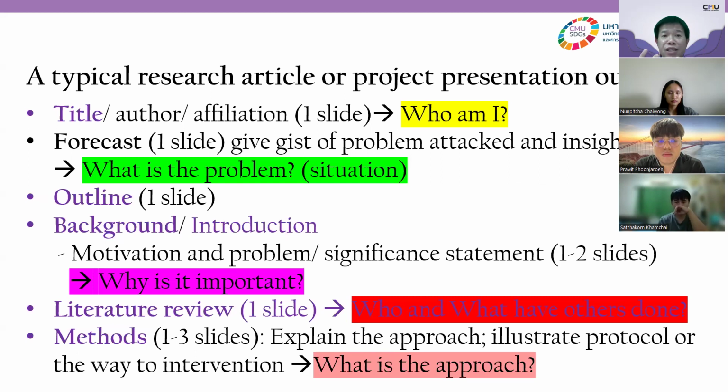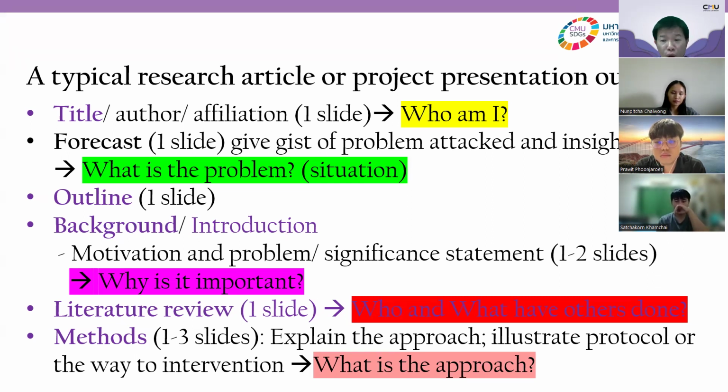But because we know, this is why we put in limitations. Not everything is perfect, right? Method, sometimes two or three slides. Some methods are short, just one slide. Explain the approach, describe the tool.